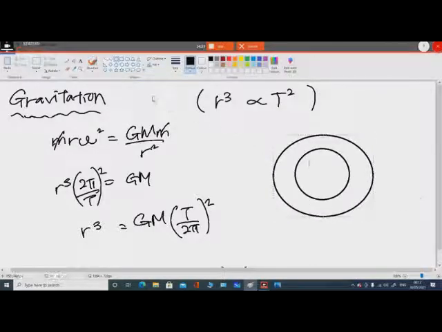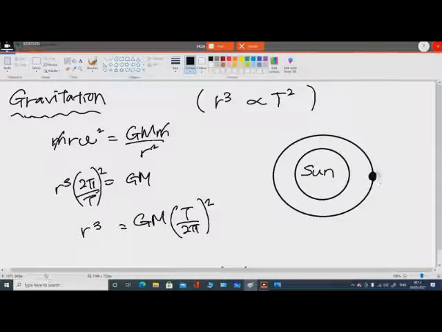Alright, so assume that we have our Sun here. This is our solar system. Okay, we know that our Earth or other planets, I did not draw all, so this one will be our Earth.